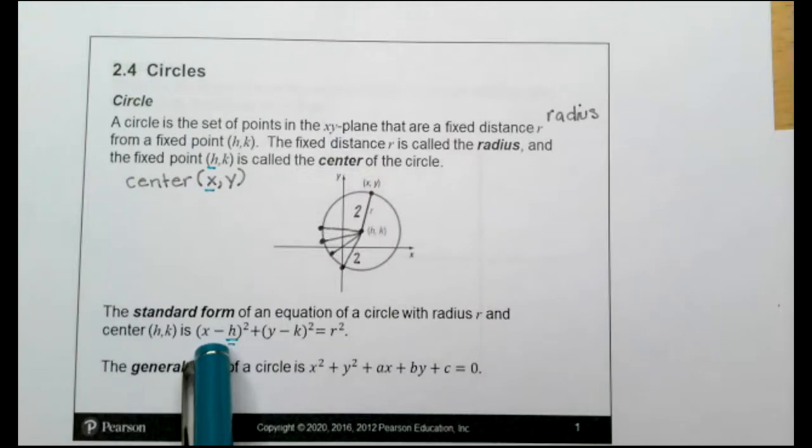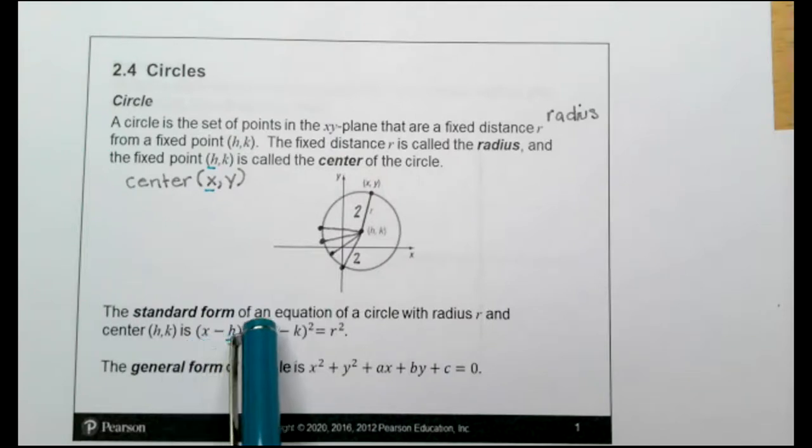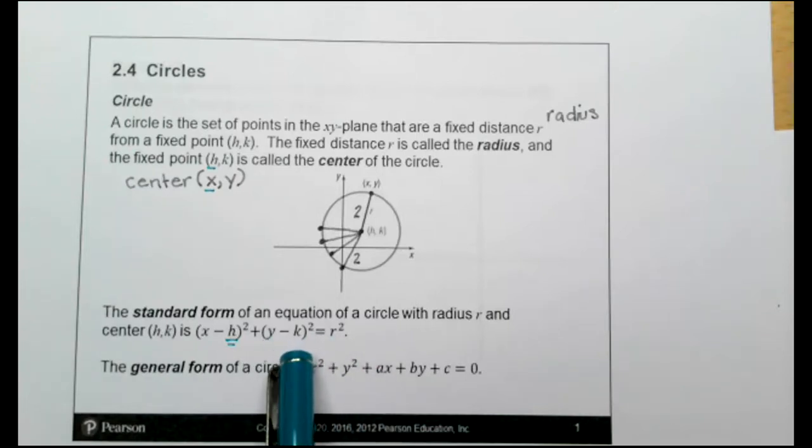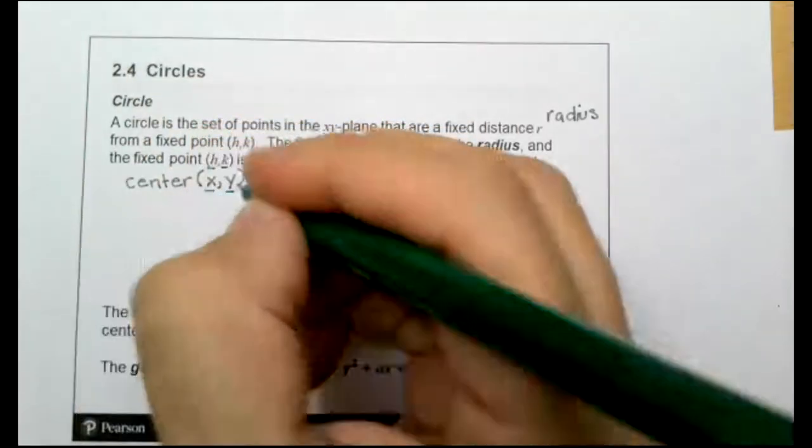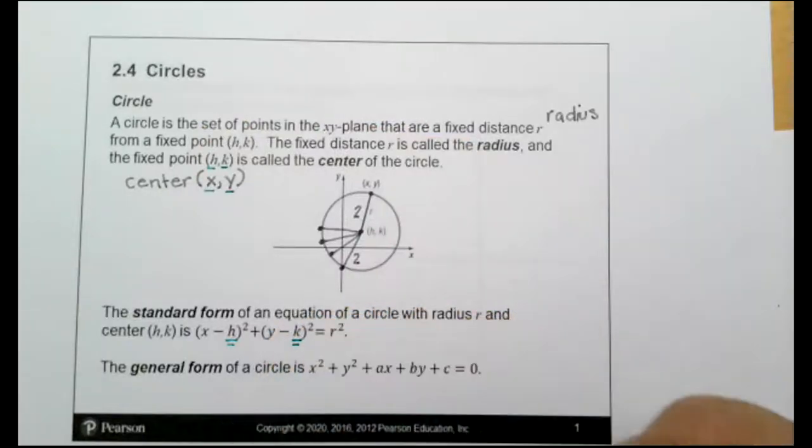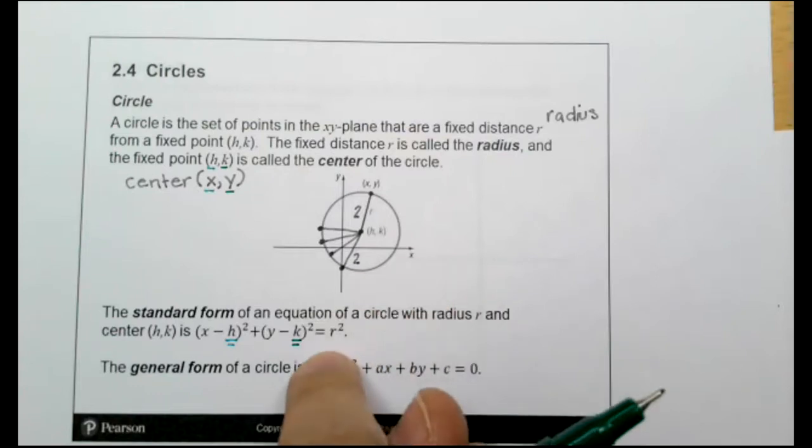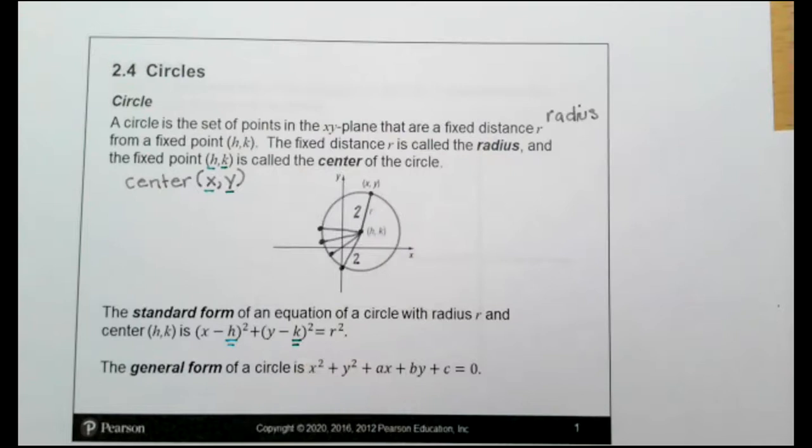So take the x value of the center, change the sign, group it with x, and square that whole quantity, okay? And then take the y value of the center, which would be k, change the sign, and group it with y quantity squared. Add them together, you'll get r squared, okay?